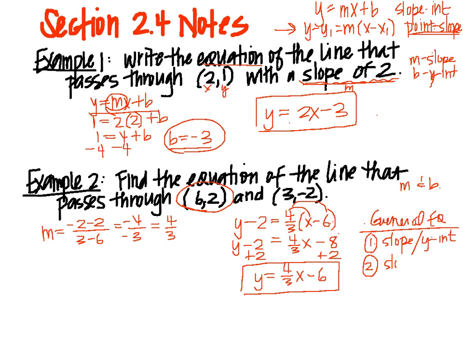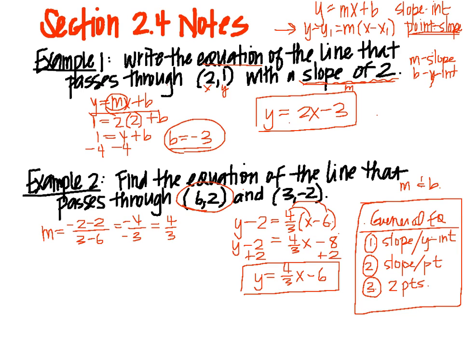Second one, we're going to give you a slope and a point, like we just did in example 1. And the third type, we're just going to give you 2 points, and we're going to ask you to write the equation like we did in example 2. So those are the 3 types that you will have to do when we're just talking about general equations.